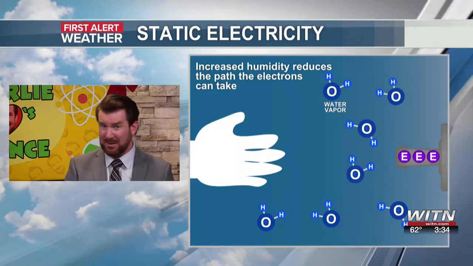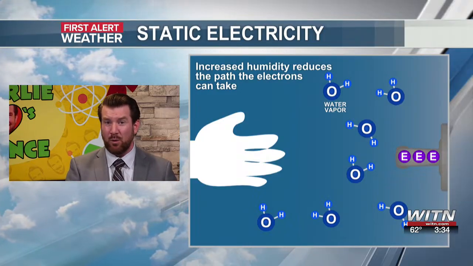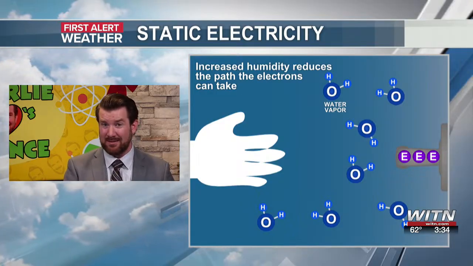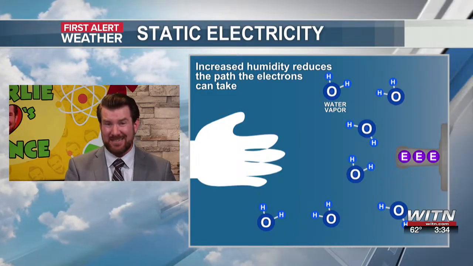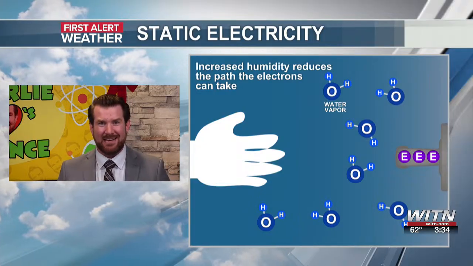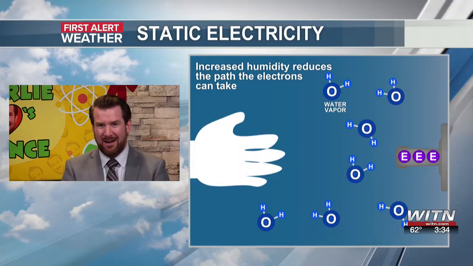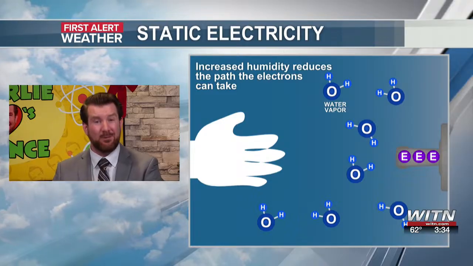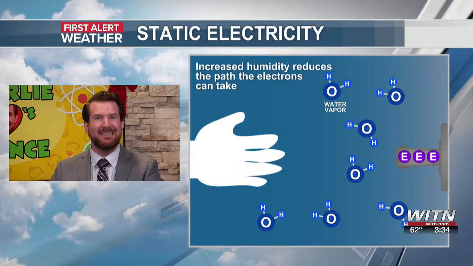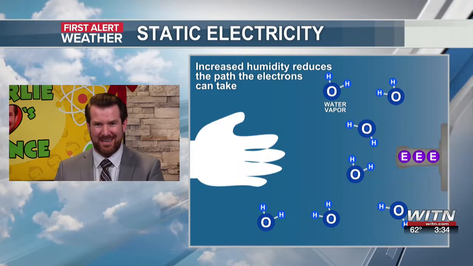Well, a couple days ago, on Monday, we had negative dew points. Tuesday, we had dew points in the single digits. So if you were feeling that electric shock more frequently on Monday and Tuesday, a big reason why was the fact that we didn't have enough moisture in the air.